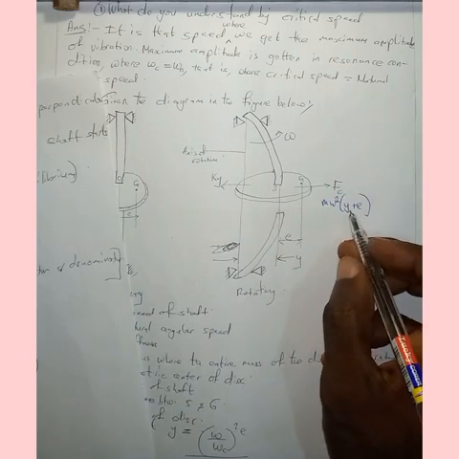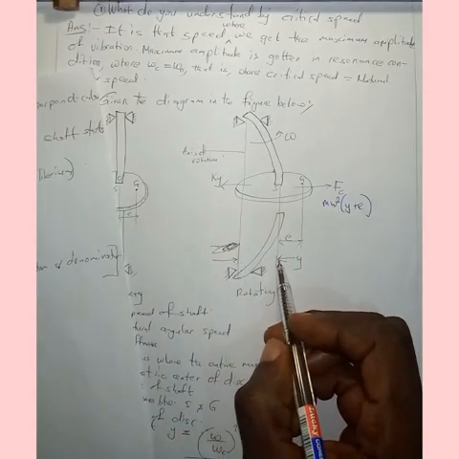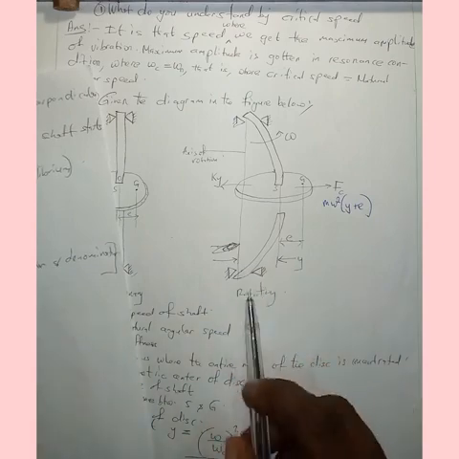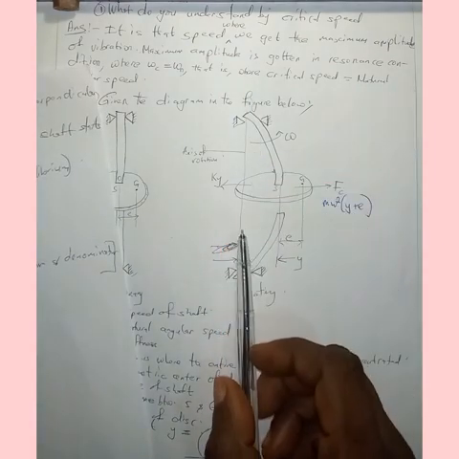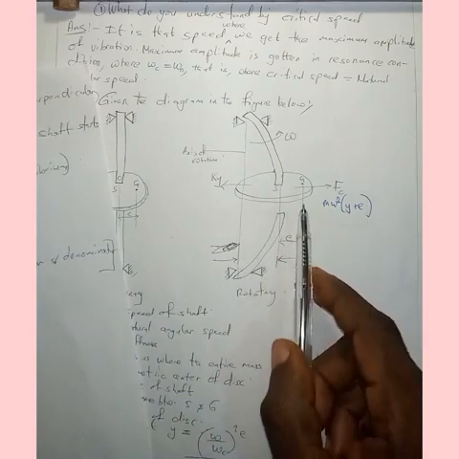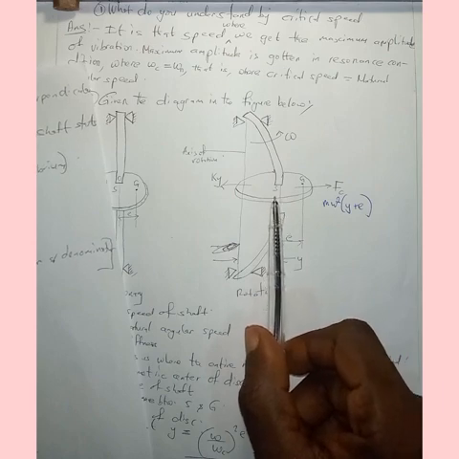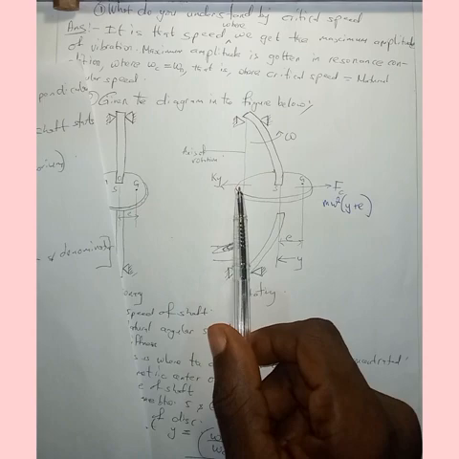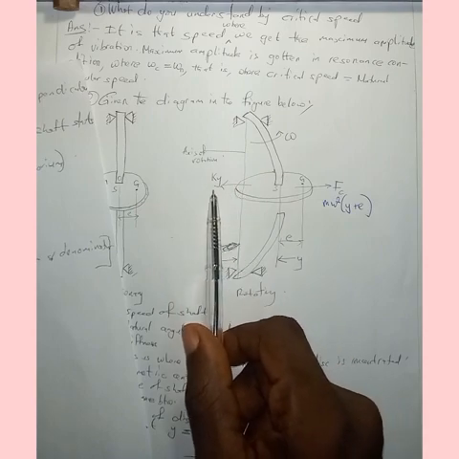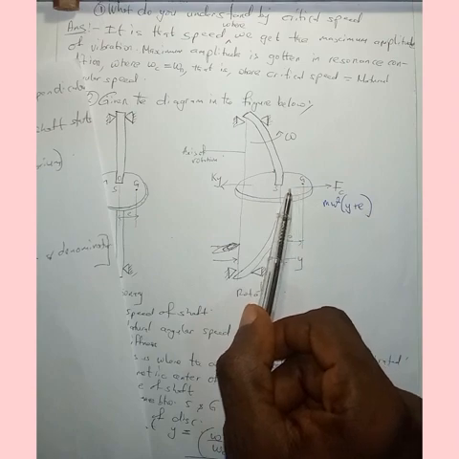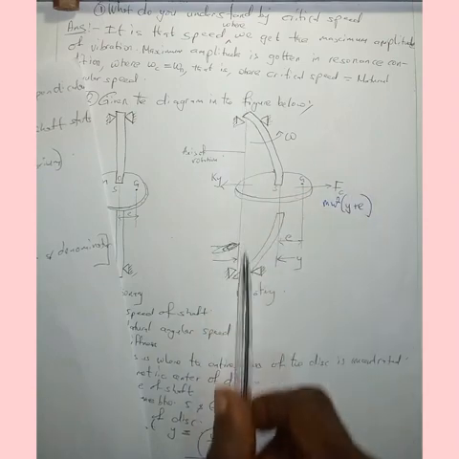So instead of r, we have y plus e, that is the distance y plus e. Now for us to have an equilibrium rotation of this shaft, the centrifugal force acting on this disc must be equal to the restoring force acting on it. This centrifugal force is trying to pull this disc away from the axis.